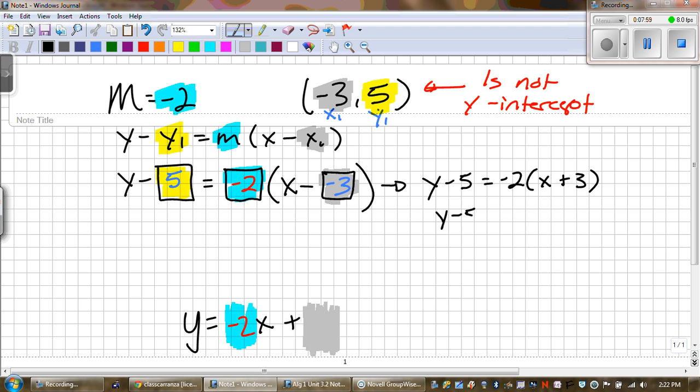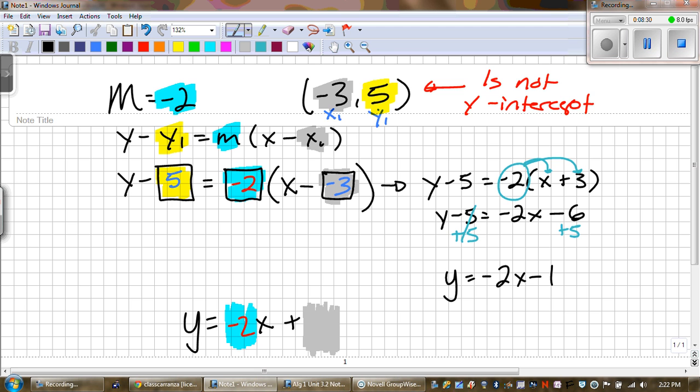We've done problems like this before. You might be like, Mr. Grice, I don't remember that. You know how to distribute, and you get -2x minus 6. And how would you solve for y? Well, you would just add 5 to both sides. And so putting this into slope-intercept form, you get -2x minus 1.